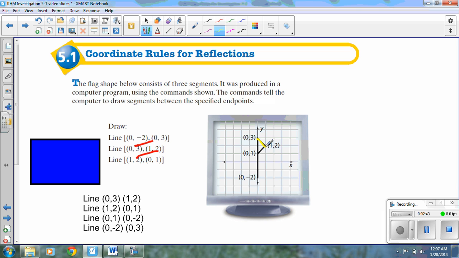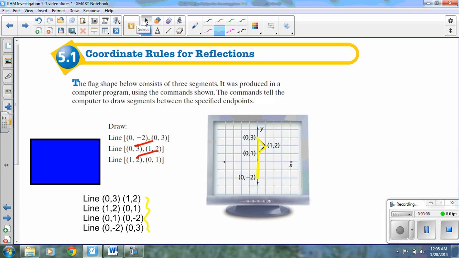The second line is going to go from 1, 2 to 0, 1. Our third line is going to go from 0, 1 down to 0, -2. And our final line is going to go from 0, -2 all the way up to 0, 3, closing the figure. I was just following the commands right here.